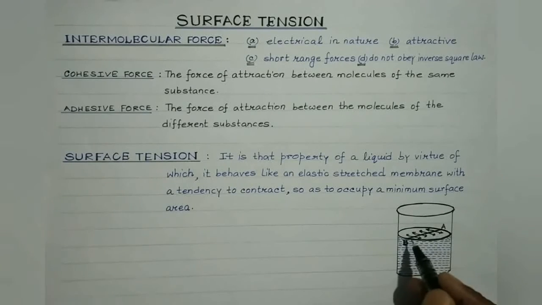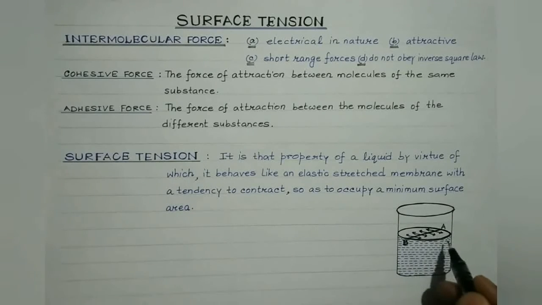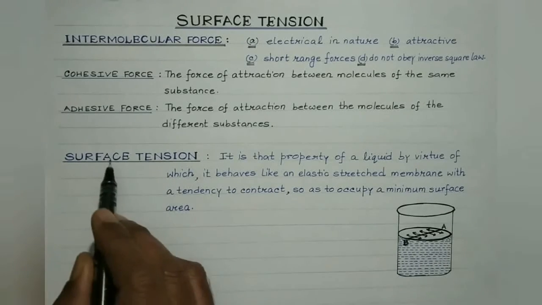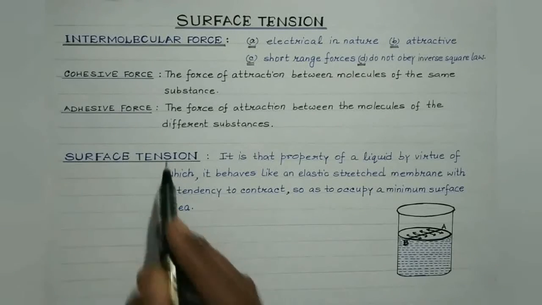The magnitude of this intermolecular force, which is preventing the surface from breaking into two parts, per unit length of this line drawn on the surface of the liquid, actually gives us the measure of the surface tension.